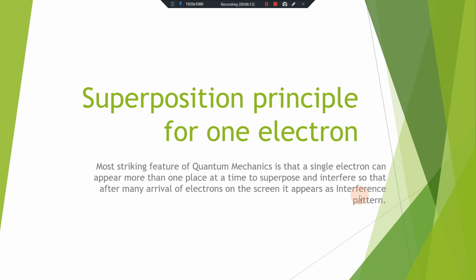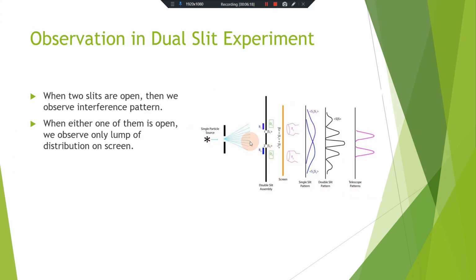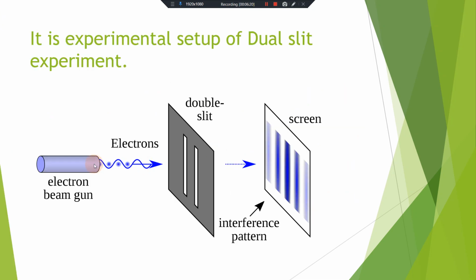Suppose one electron is emitted. There are two possibilities: either it goes through this slit, or it goes through that slit.